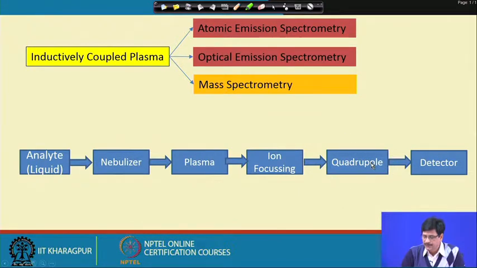They are then taken to the detector, where the ions hit the detector and the signal generated is proportional to the concentration of the ion.